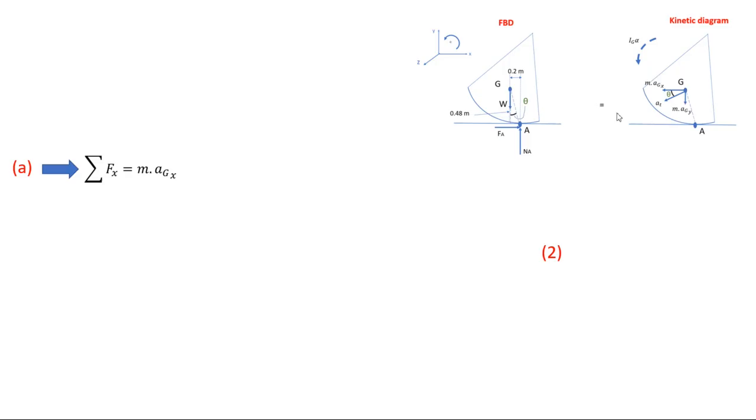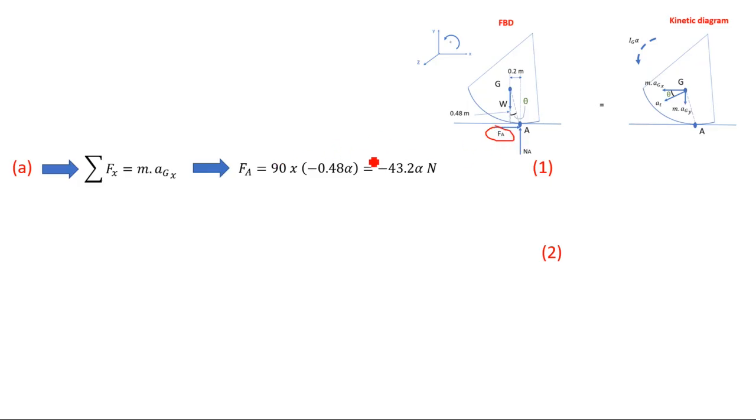So we start with the equation for the forces in the x-axis, which is going to be equal, what we have in the free body diagram is going to be equal to the kinetic diagram. The only component we have in the free body diagram in the x-axis is the Fa here.